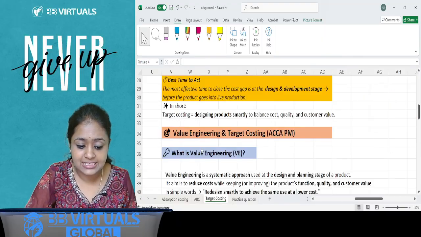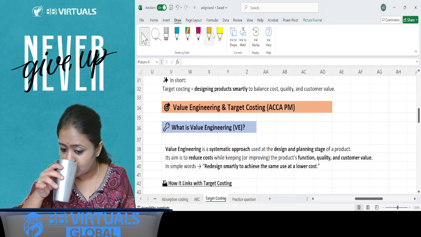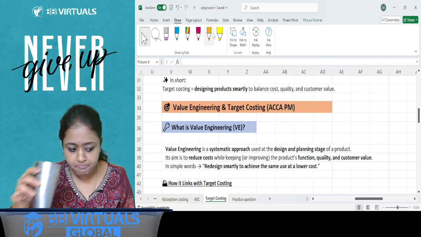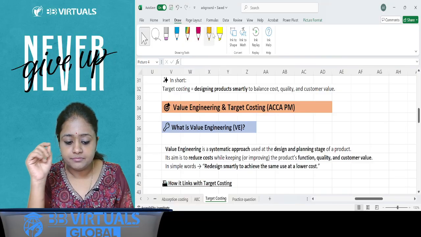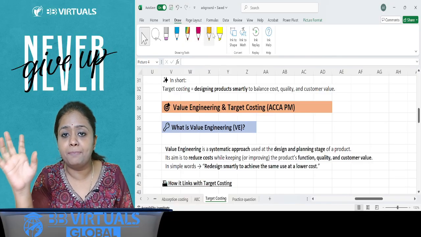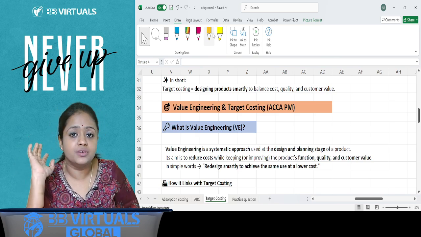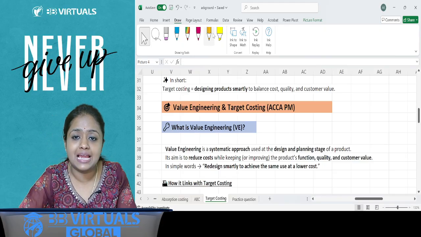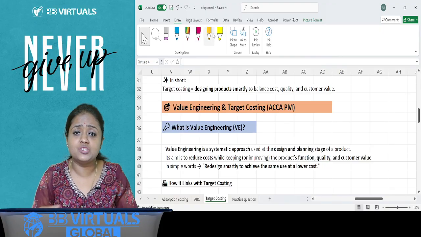Okay, first let's discuss value engineering. What is value engineering? Value engineering is simply the process that would start at the design phase only. It would start at the design phase. We will do the redesigning. We will try to have more replacements of the raw materials.